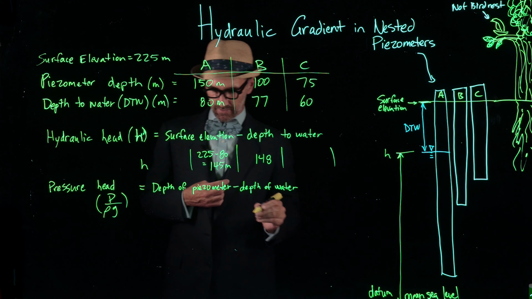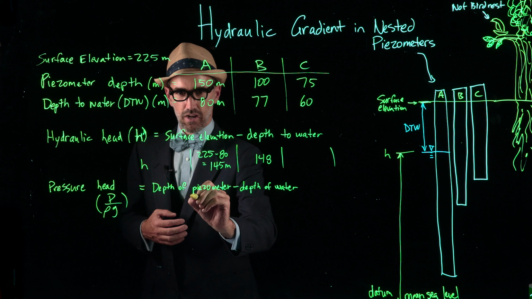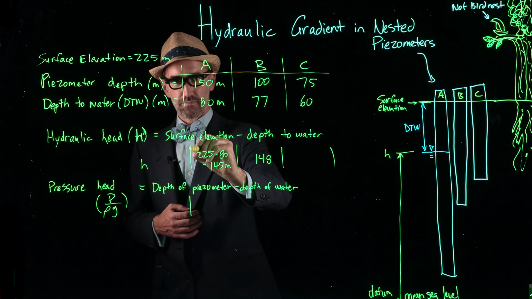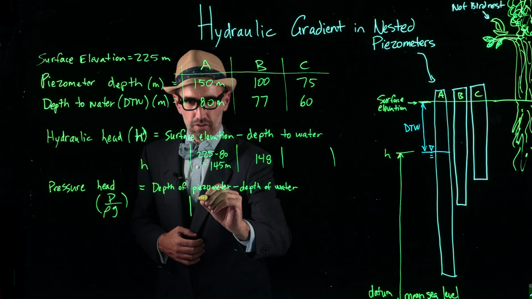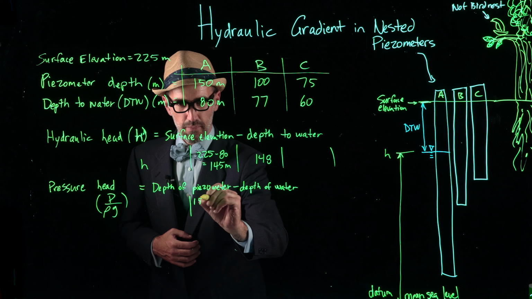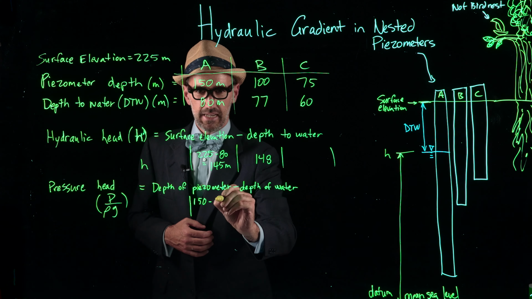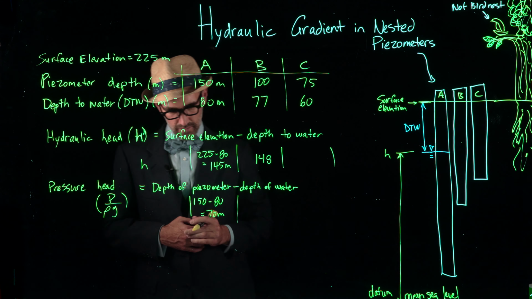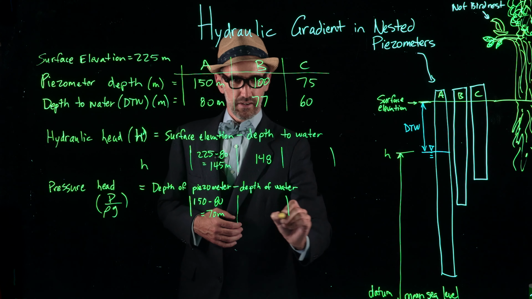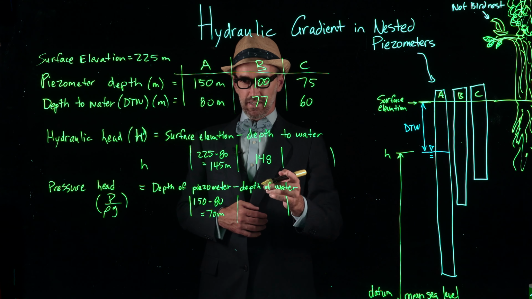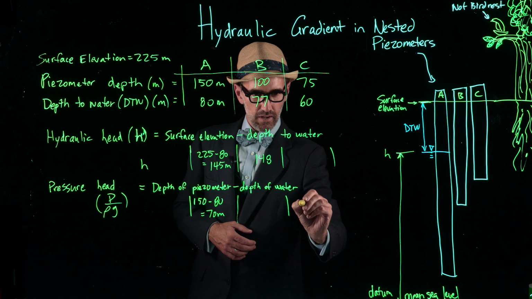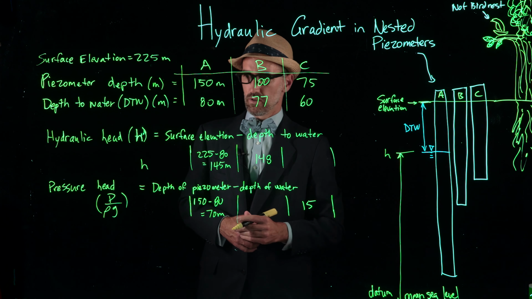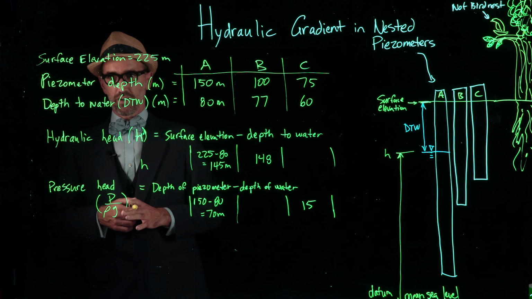So again, calculating this for each of these piezometers, we get a result of 150 meters minus 80, which equals 70 meters. I'll leave B blank this time for you to calculate. And for C, we get a result of 15 meters. So that's the first component of hydraulic head.